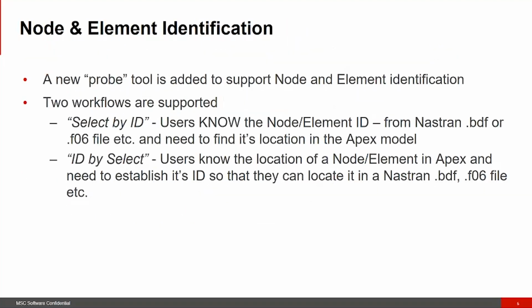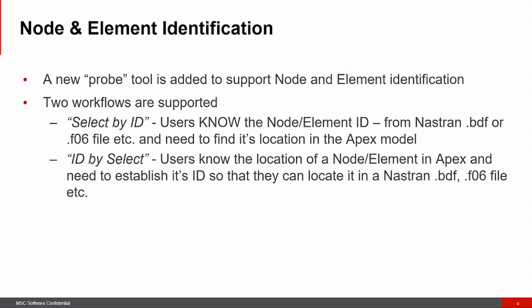And for node and element identification, we are introducing a tool called probe. Basically, you can probe a node or an element. For example, you would like to identify an element or a node in the model because you may have requested some kind of output in your F06, and you would like to know where exactly that node is in your model, and can you find it?